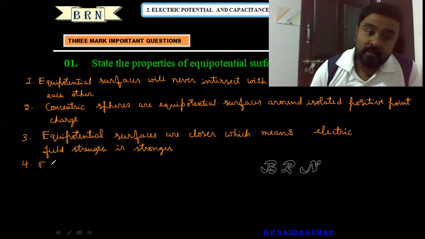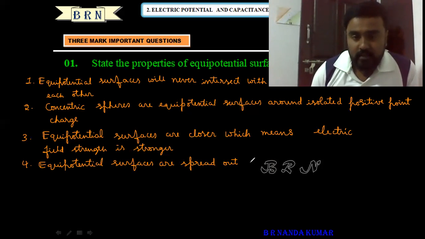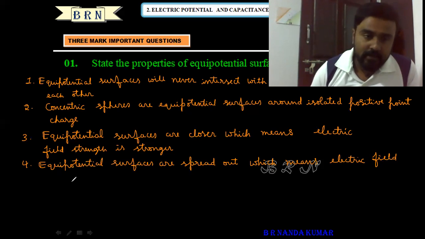Equipotential surfaces are spread out, which means electric field strength is weaker, right?